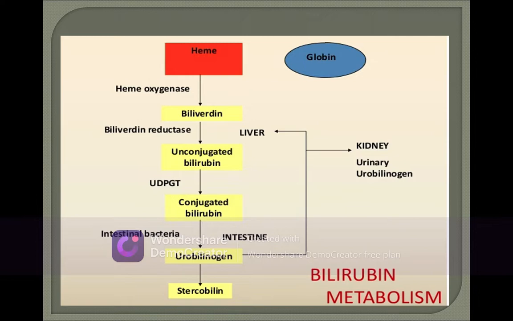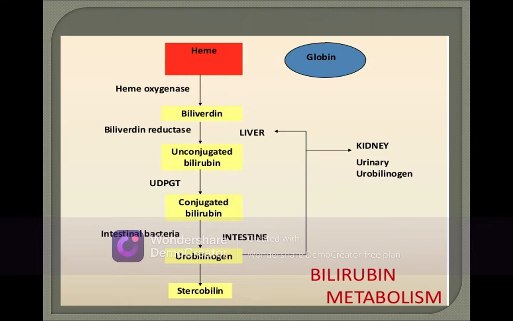It is divided into heme, which is separated from the globin part. Globin is one of the amino acids, and it joins the globin pathway. The heme, in the presence of heme oxygenase, will be converted into biliverdin, and then it comes into the blood.